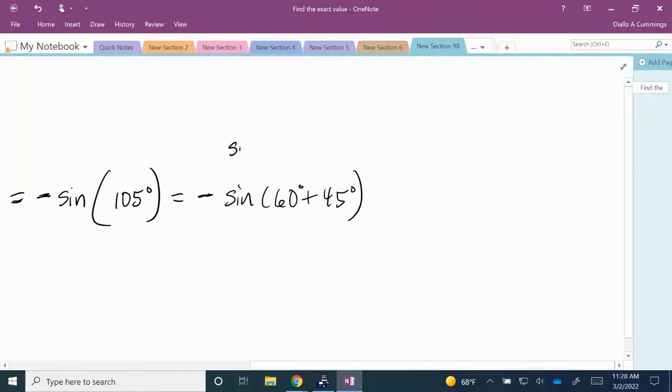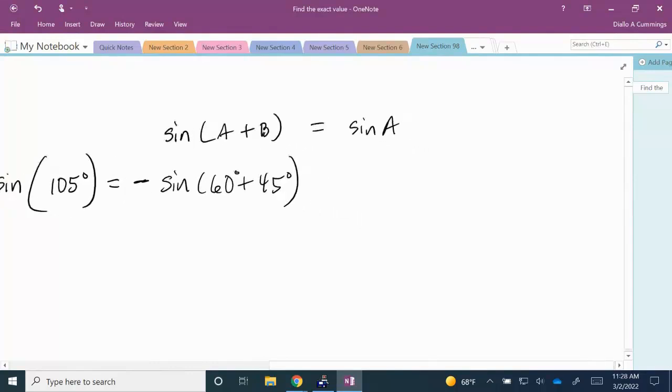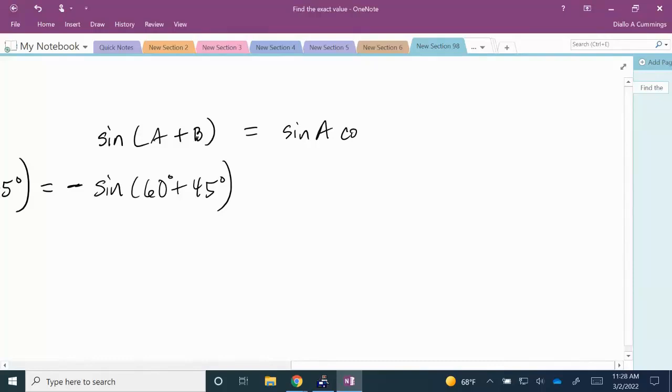So the sine of A plus B is equal to the sine of A times the cosine of B plus the cosine of A times the sine of B. In this formula, we're going to substitute A for 60 and B for 45.